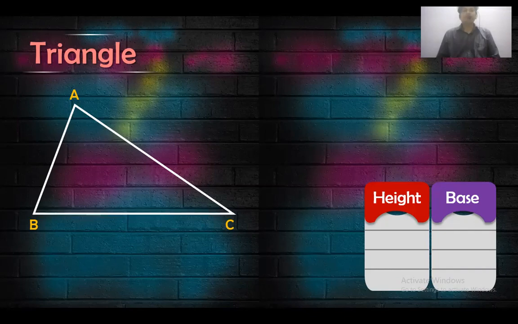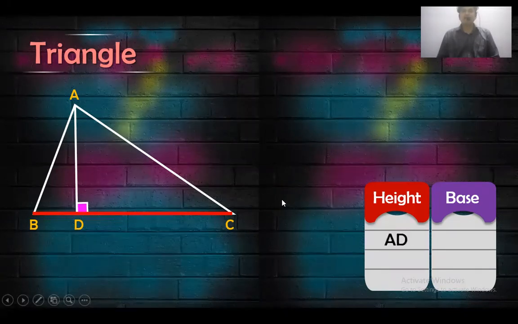We need to do one geometric construction if it's not given directly. From the remaining vertex, which is A, we will drop a perpendicular. You must have done this construction in geometry, that is, dropping a perpendicular from a point outside the line segment. So AD is that perpendicular, and that will give me the height. So the first pair is height AD and base BC.